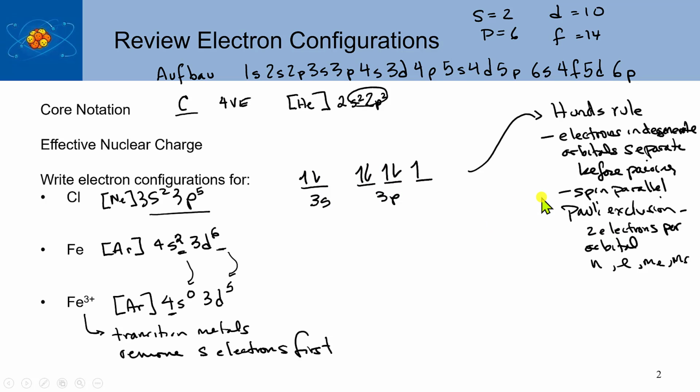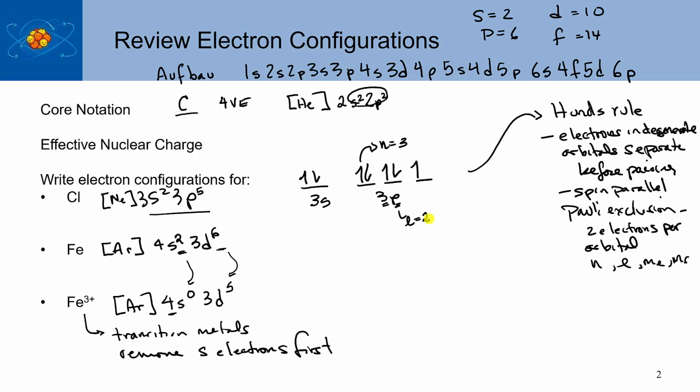If you want, just very quickly, I can designate the values of n for this one. n is equal to 3. That's the 3 here. S, p, d, and f are 0, 1, 2, and 3. So this is a p orbital, so that means l is equal to 1. And then m sub l has values from minus l to plus l.